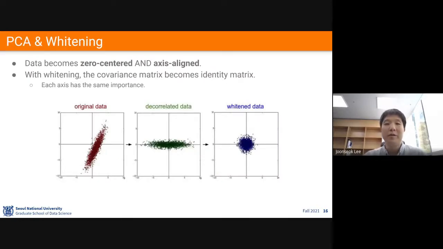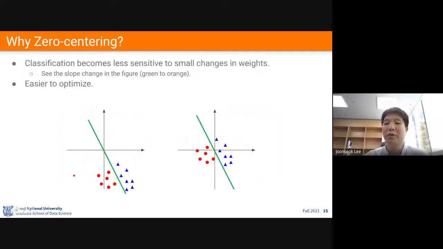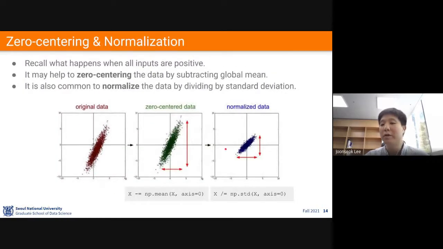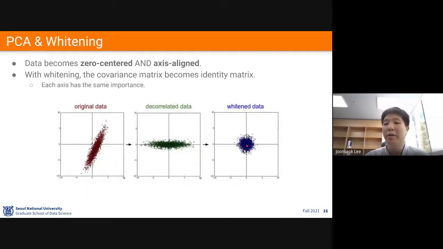And PCA and whitening, probably many of you have already learned and heard about this. What is PCA? PCA means principal component analysis. Given the data, previously we just translated it to the center, but here we do more than that. We do axis alignment.